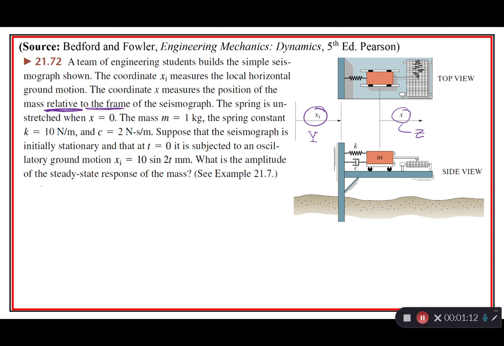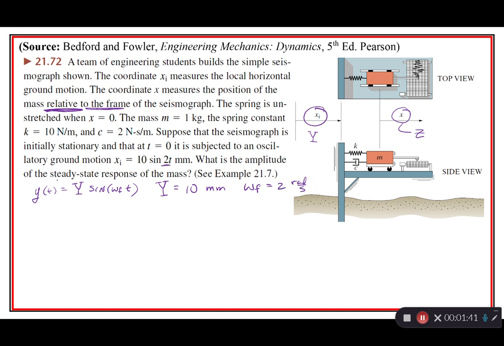So this is really for us going to be y with respect to time is equal to y sine omega f t. So our y is 10 millimeters, and our omega f is equal to 2 radians per second.